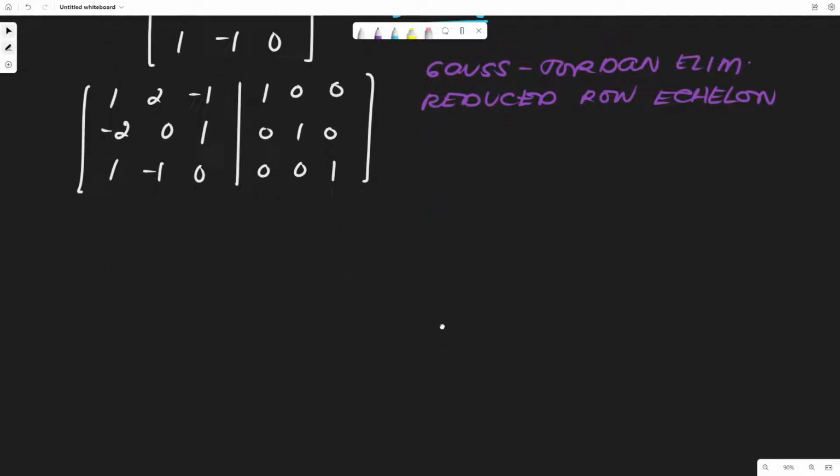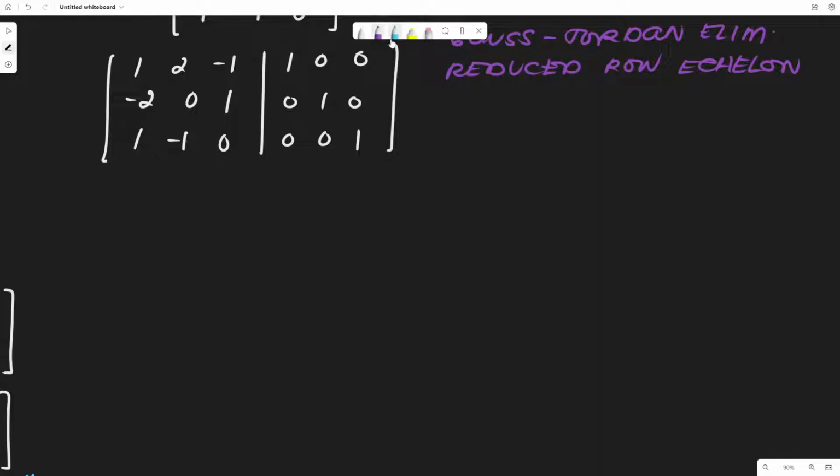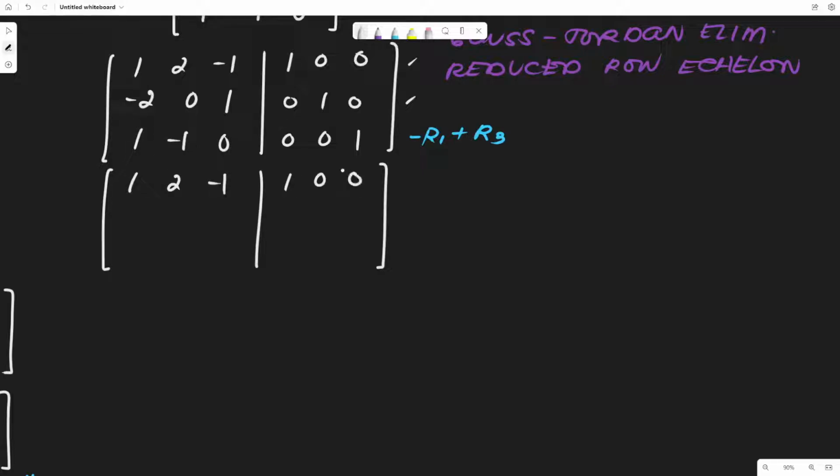Katulad lang nung nauna. So, we have here, let's say, I will operate negative R1 plus R3. So, negative 1 plus 1 is 0. Copy the entries that didn't change: 1, 2, negative 1, 1, 0, 0. By the way, the matrix operation also affects the right side, because that is where we get the inverse of our matrix.